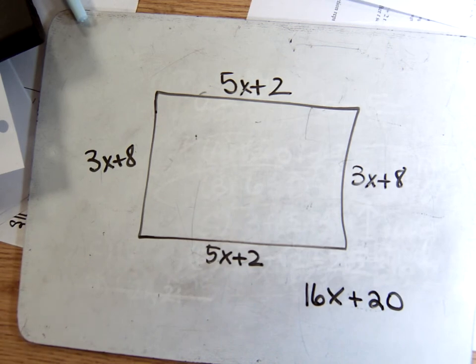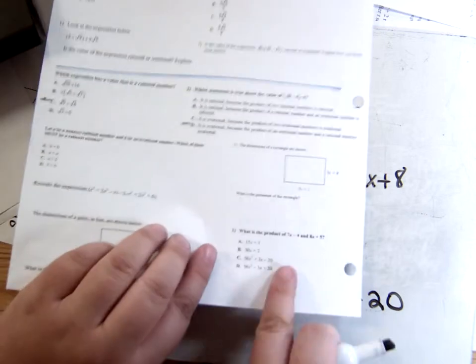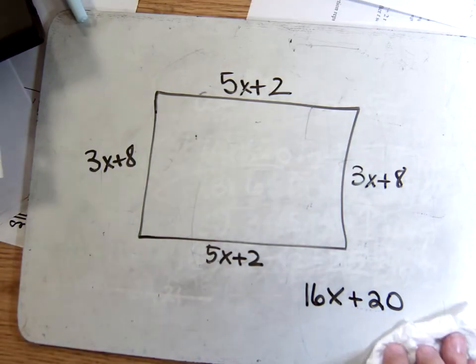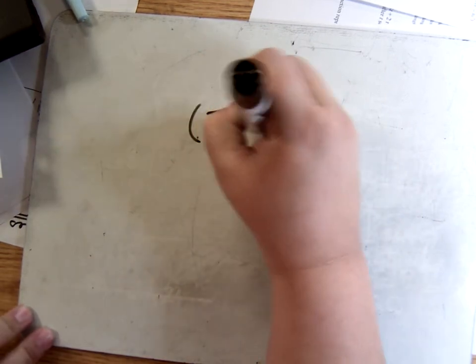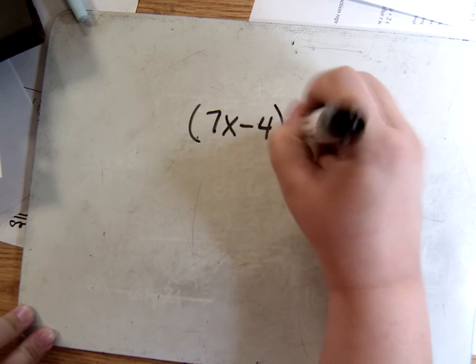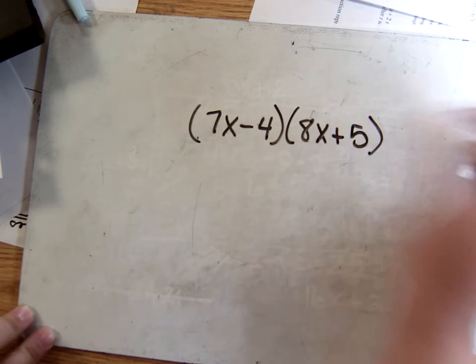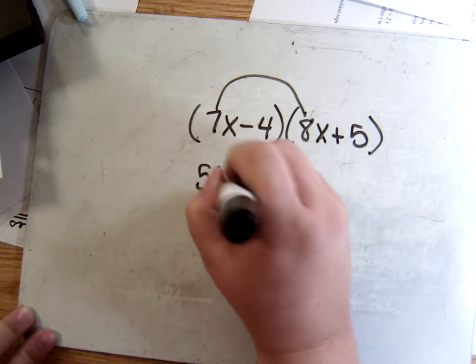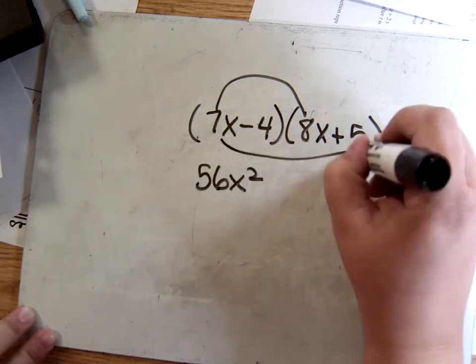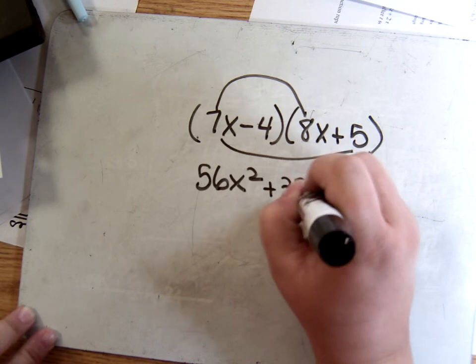Let's go directly below there. What is the product, bottom right corner, excuse me, of 7x minus 4 and 8x plus 5? 7x minus 4, 8x plus 5. 7x times 8x is 56x squared. 7x times 5 is 35x's.